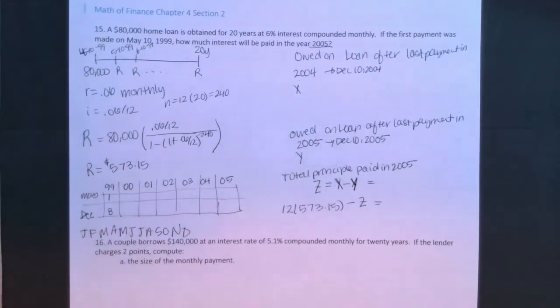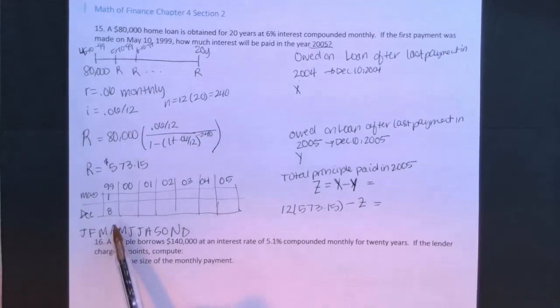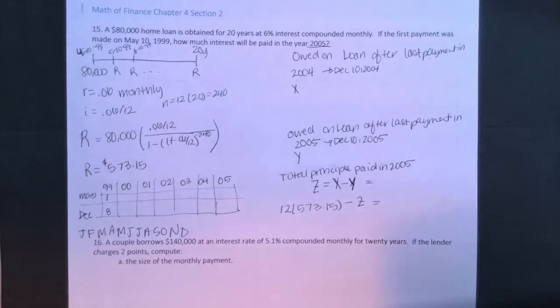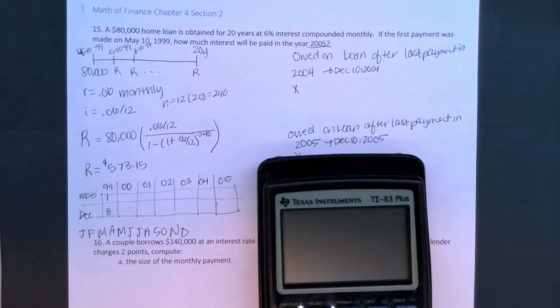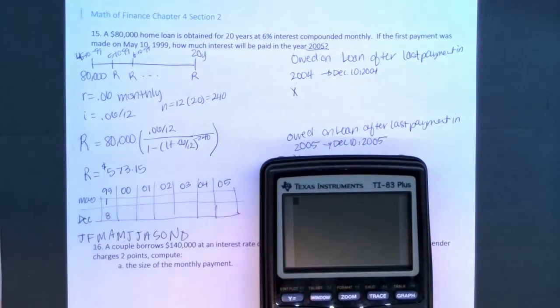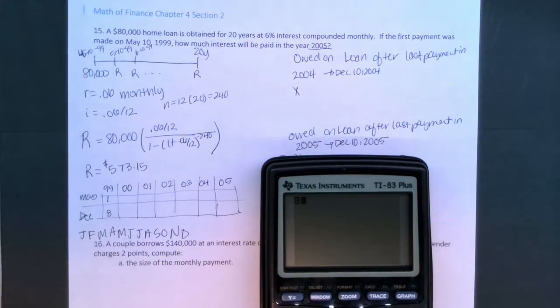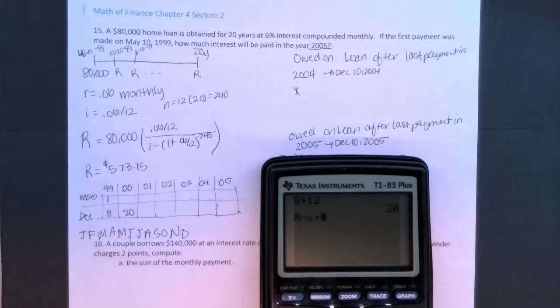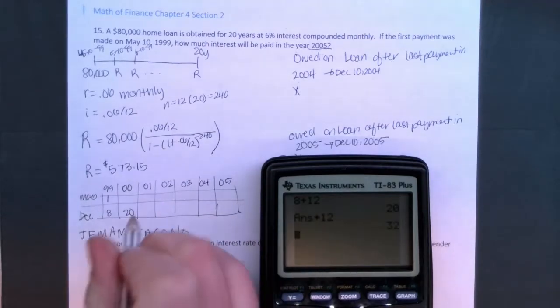Okay, now once we have that piece, number 8, we're just going to add 12 to get to the next full year, because we're going to do 12 in 2000, 12 in 2001, 12 in 2002, 12 in 2003, and 12 in 2004. So I'm just going to pull up my calculator to help me calculate that, because I don't want all my numbers to be off because I'm having trouble counting. So 8 plus 12, 20. And we add 12 again, 32.